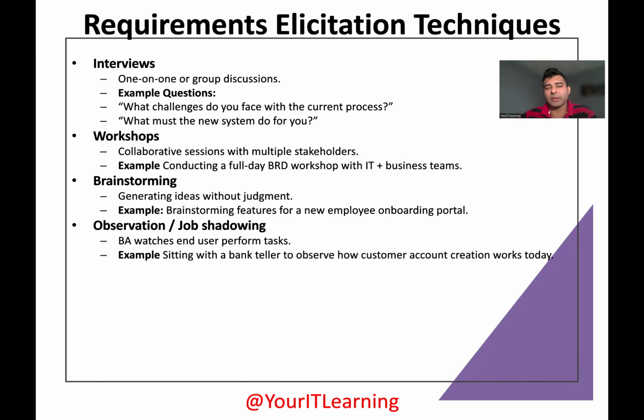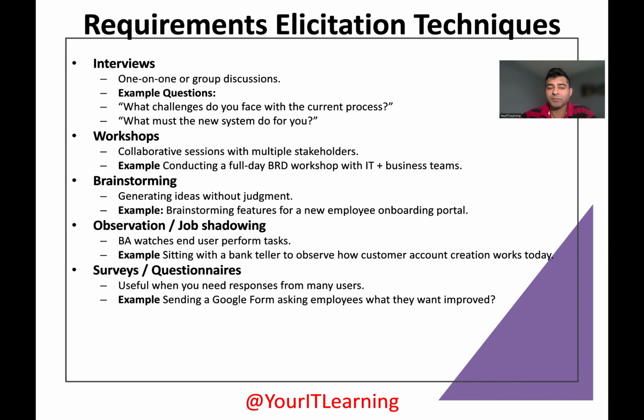Observation and job shadowing. The BA watches the end user perform a task. Example, sitting with a bank teller to observe how customer account creation works today. So they are job shadowing just to learn how the process works. Survey questionnaires. Useful when you need responses from many users. Example, sending a Google form asking employees what they want improved.